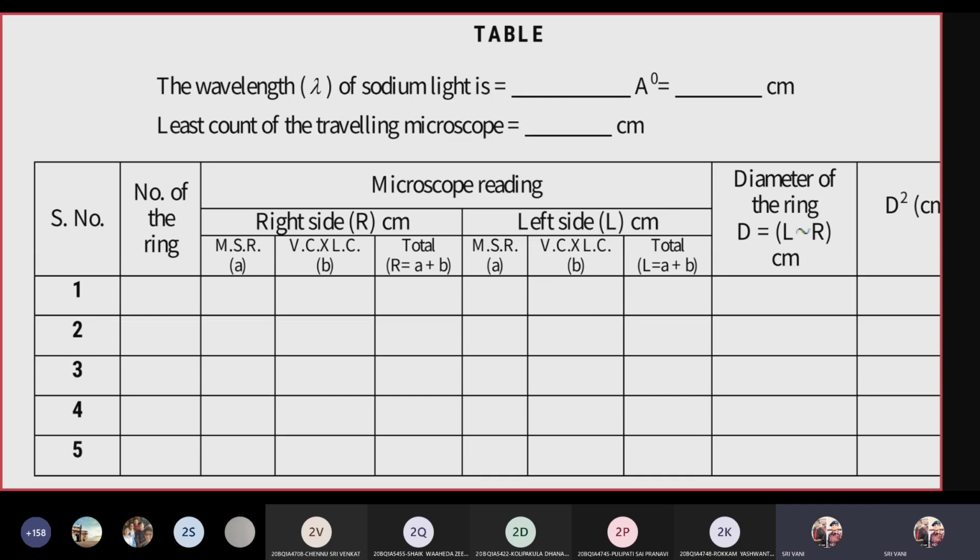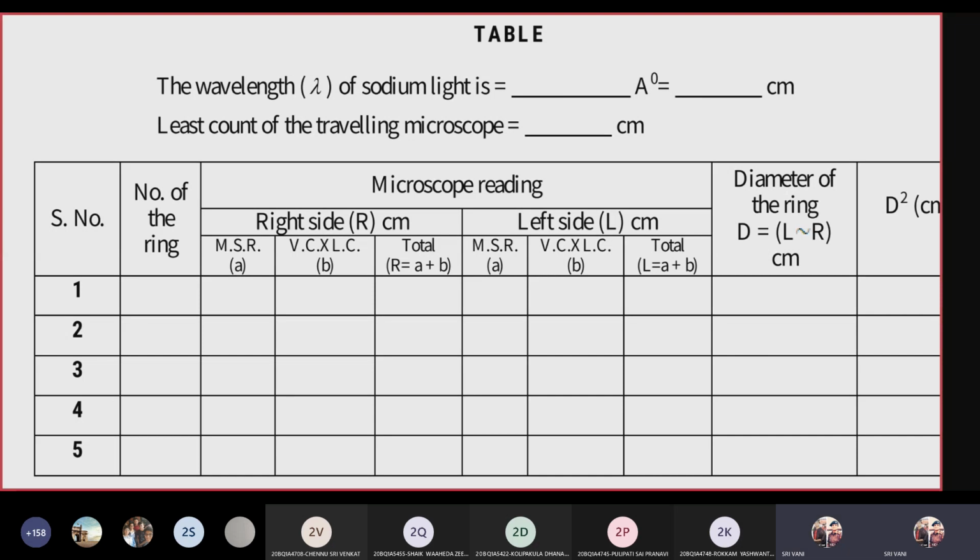Later, for whichever ring we are measuring, we will note the number of the ring. From the center, we will choose the ring pattern, and for any ring we consider in the experiment, we will take the microscope readings. In the wedge method, we take readings only one time.